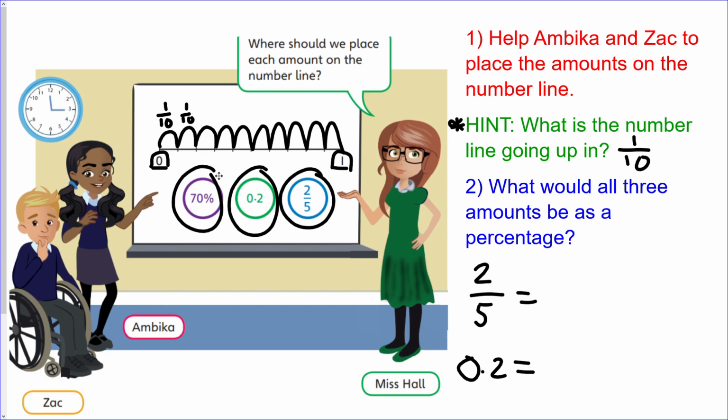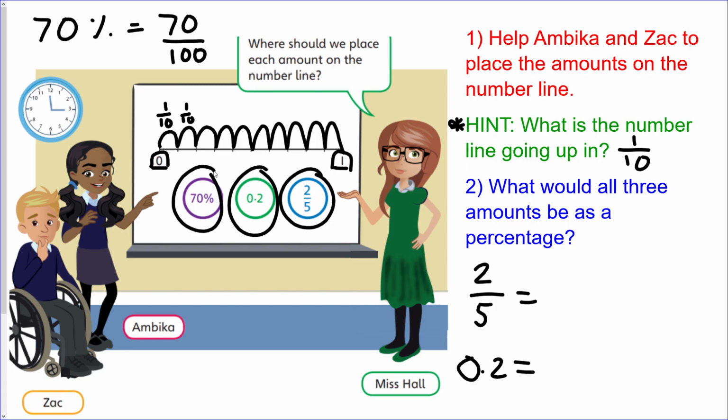Now we need to look at our actual values. So the first one, let's look at 70%. We know the number line goes up in jumps of 1/10. So let's have a look at how we can plot 70% onto that number line. Now we know that 70% is exactly the same as 70 out of 100.